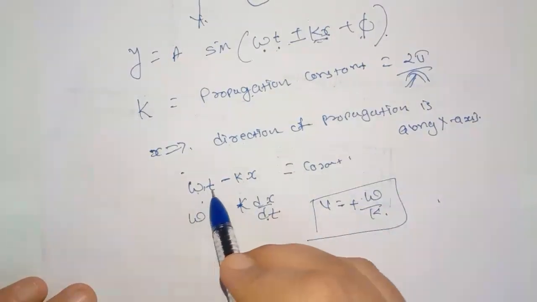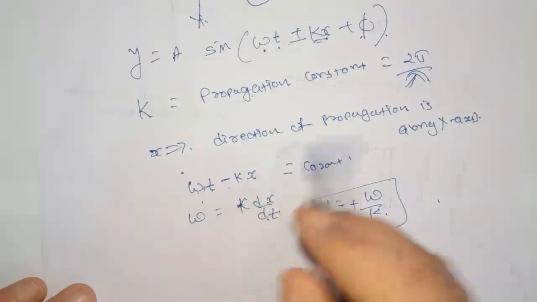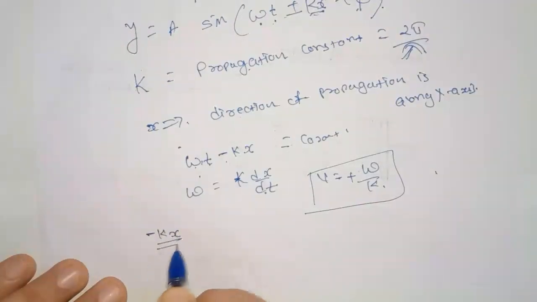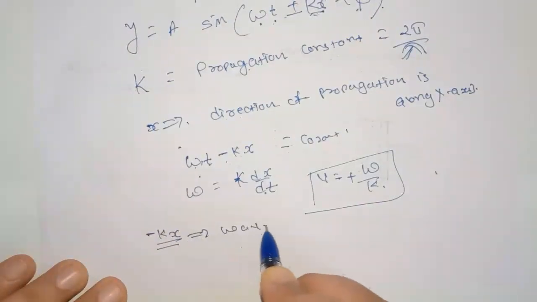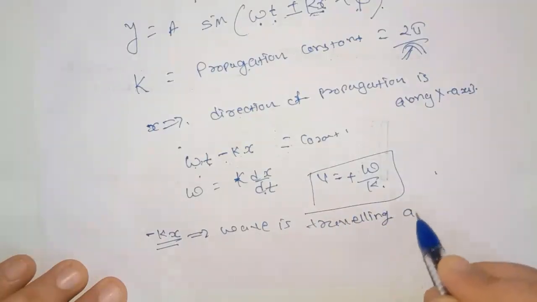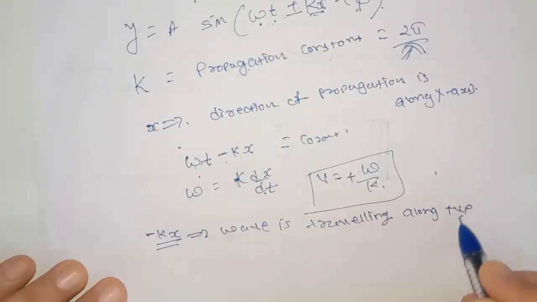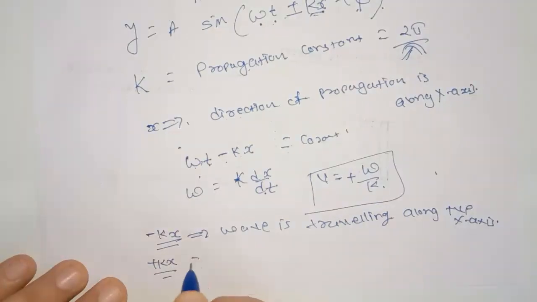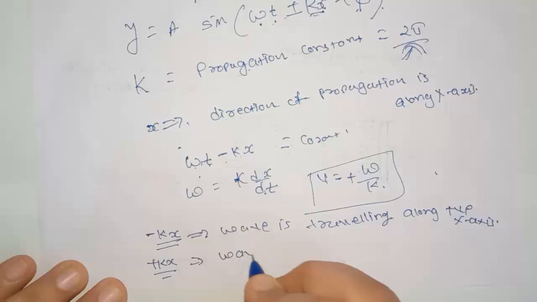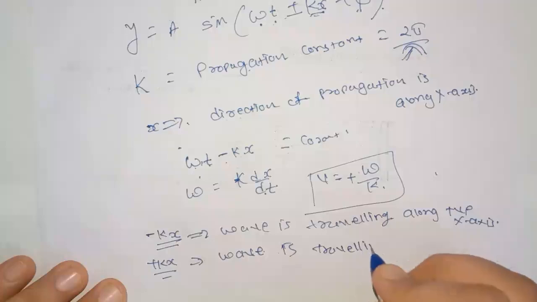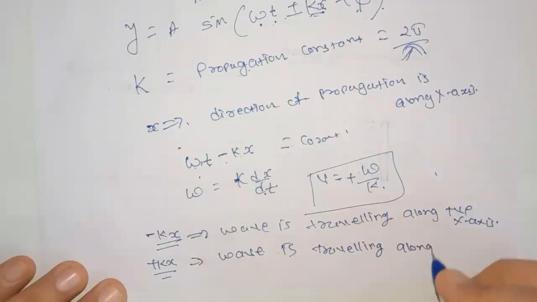So if it is given in the equation as omega t minus kx, then for minus kx the wave is traveling along the positive x-axis. And for plus kx, the wave is traveling along the negative x-axis.